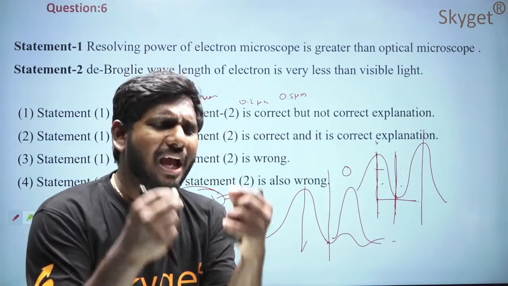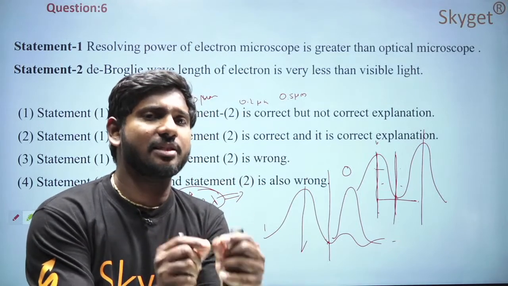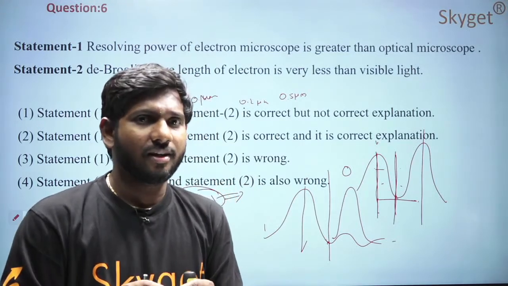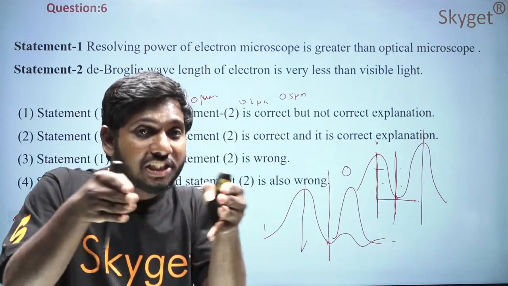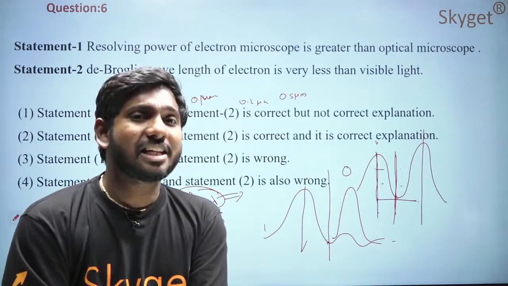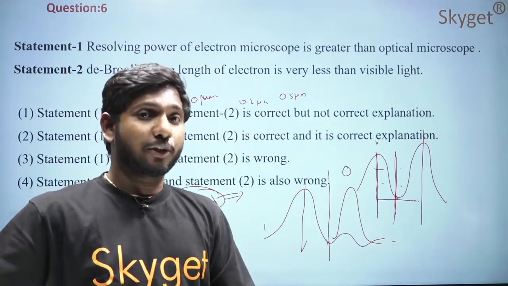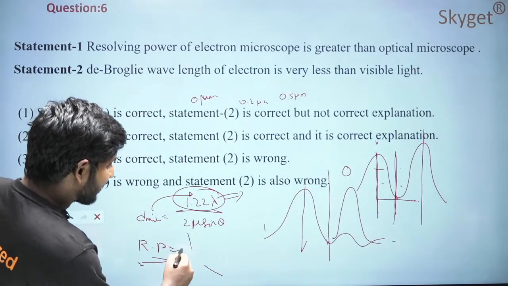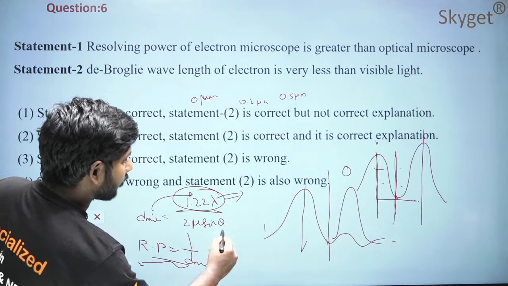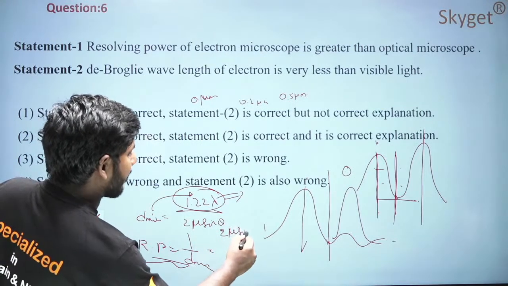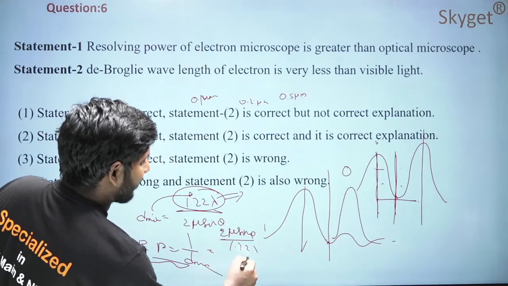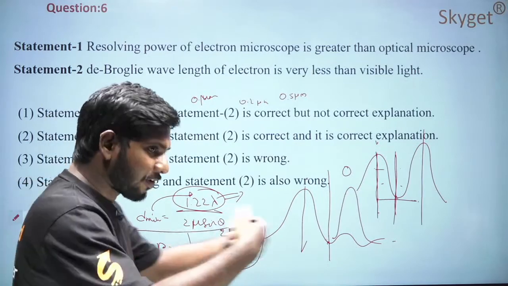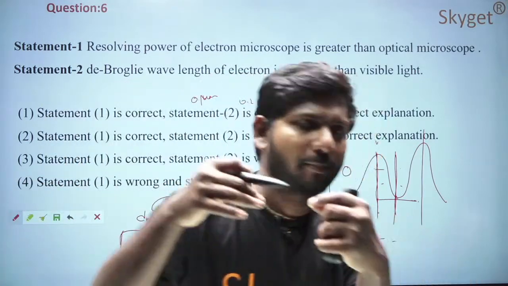If you can resolve a very small difference between objects, the smaller the minimum distance, the more the power of your microscope. That means resolving power is equal to 1 by D minimum, which is 2 mu sin theta by 1.22 lambda. I just gave you an overview of the concept behind it.